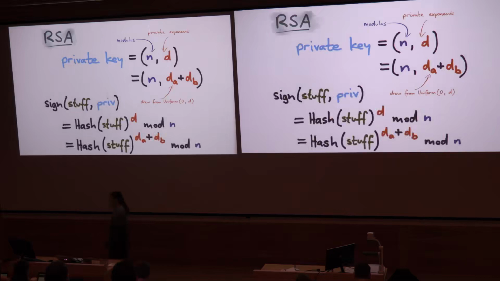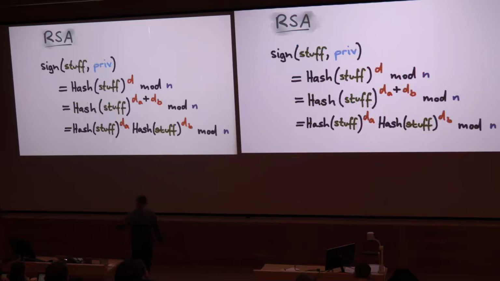Now if you insert that back into the signature formula, you're calculating the hash to the power dA plus dB. And if you remember your maths, you can reform this and turn that into two separate exponentiations. So the sum in the exponent becomes a product when you split it out.